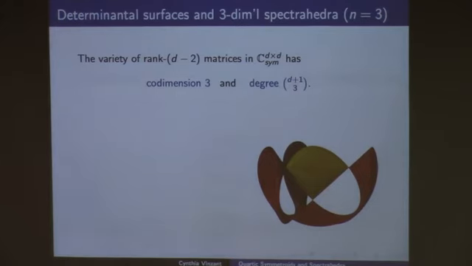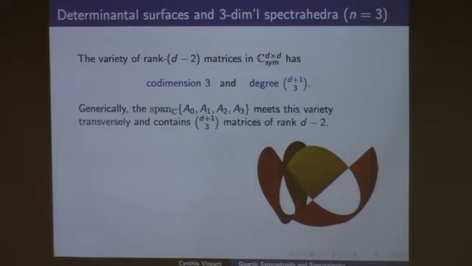In particular, if you look in the space of symmetric matrices at the matrices of rank d minus 2, this has codimension 3 and degree d plus 1 choose 3. So if you take a 3-dimensional projective space of these matrices, you're going to hit it d plus 1 choose 3 times.